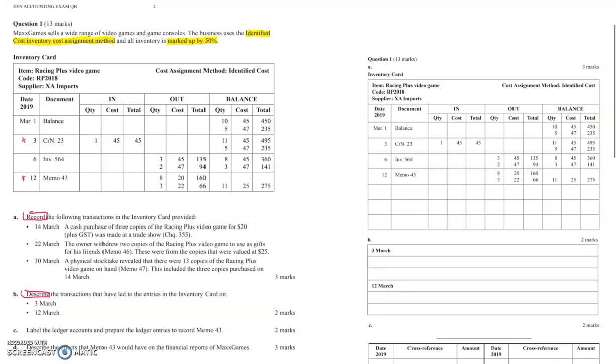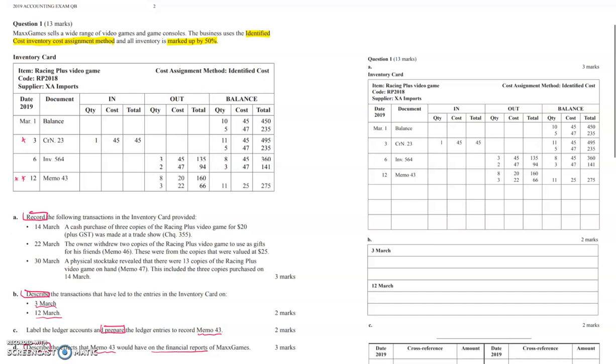We are then asked to prepare the ledger entries relating to Memo 43, and then we need to describe the effects on the financial reports of Memo 43. Okay, so let's start with part A, recording these transactions.